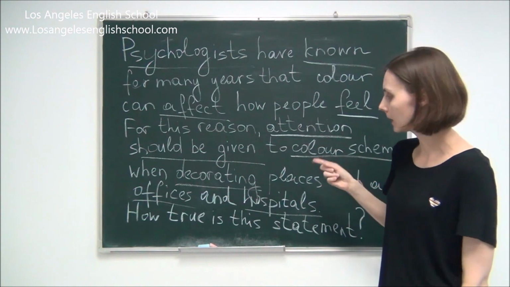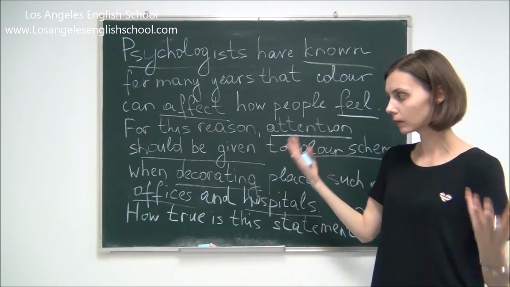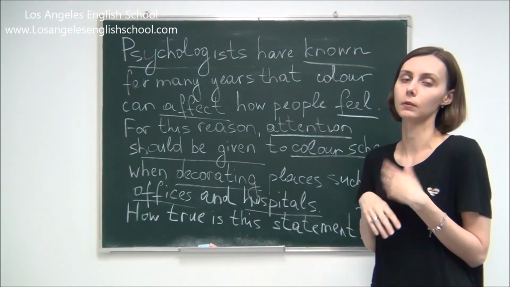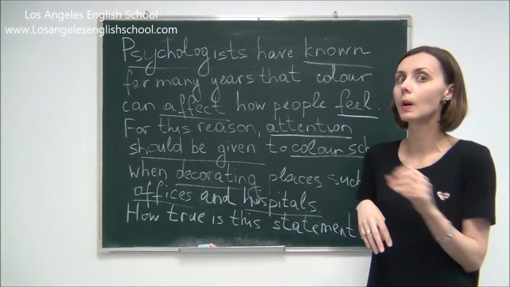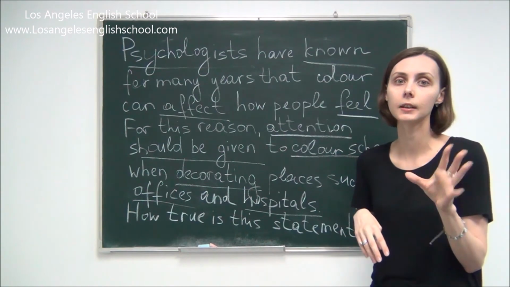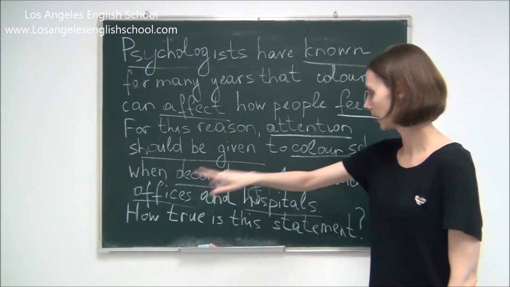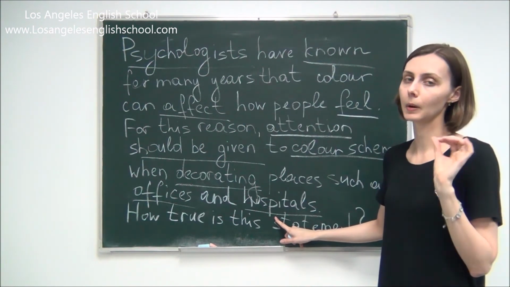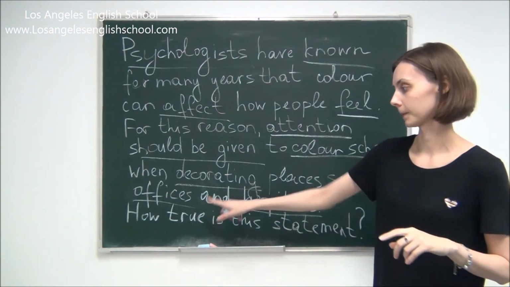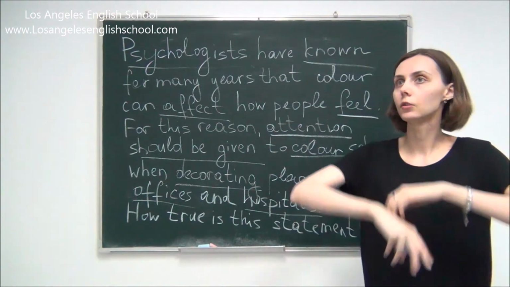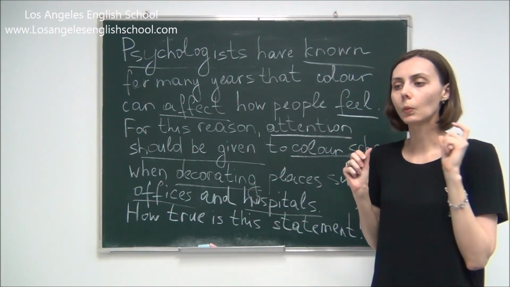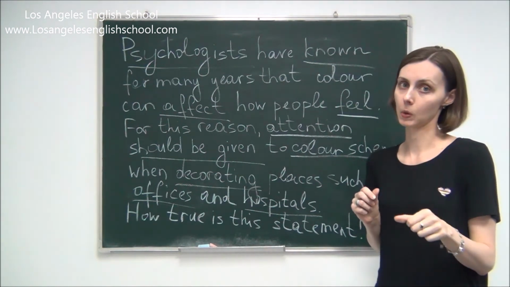They speak about color, not in general about decoration. You cannot write about your living room or your home or your kitchen. We have here offices and hospitals. So your essay should be namely about these 2 places. Don't answer the question in general, be very careful. You need to understand what exactly they want you to write about.